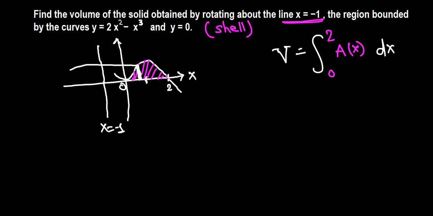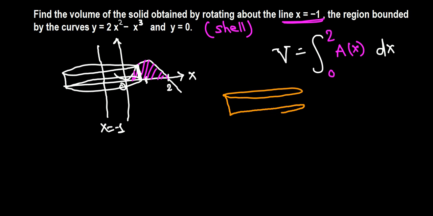Then I'll have this is the top part, and this is the bottom part. Let me draw over here. So I have a skin of cylinder, just an outside shell.